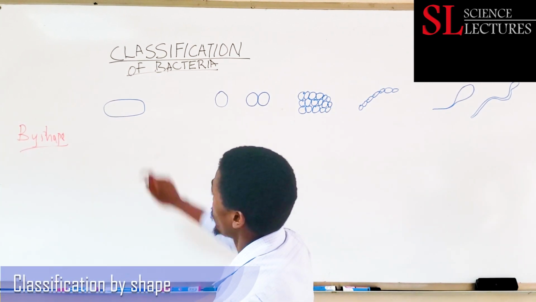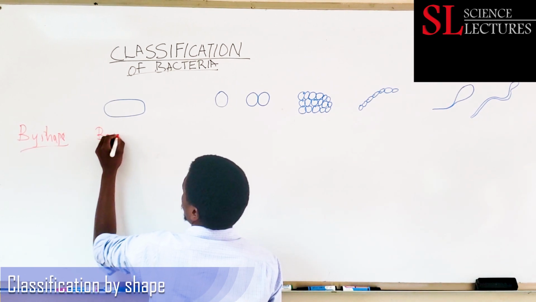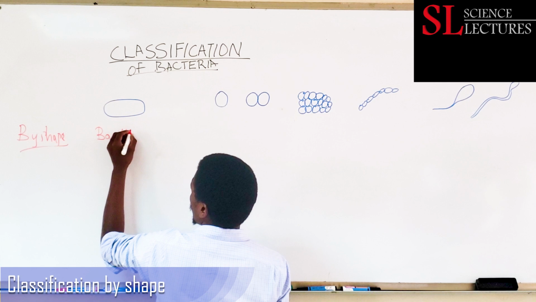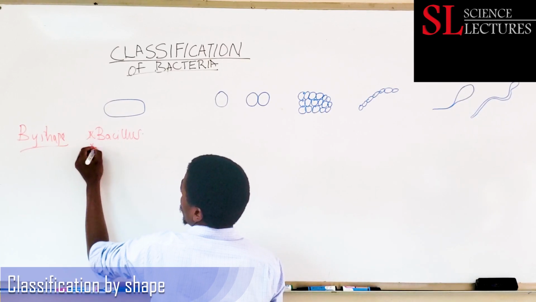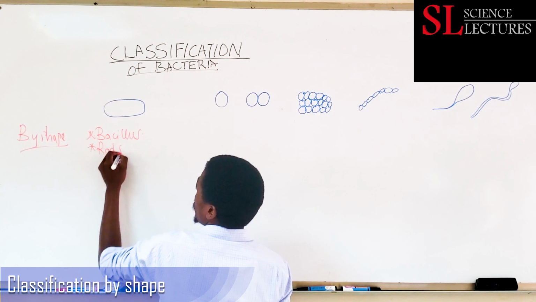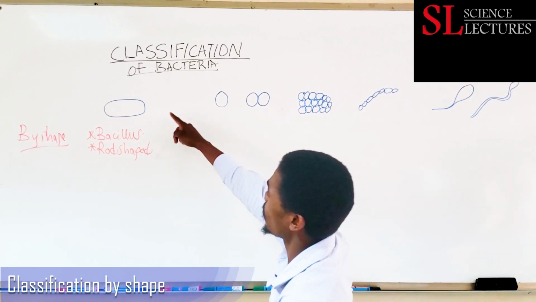The first shape is what we refer to as bacillus, or rod shaped. These bacteria are shaped in the form of a rod.